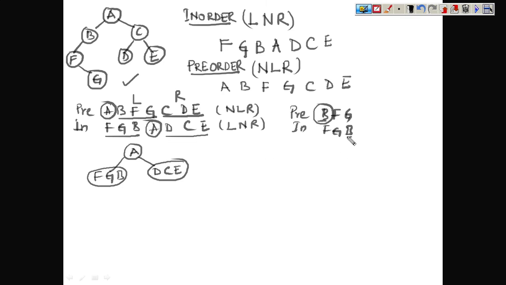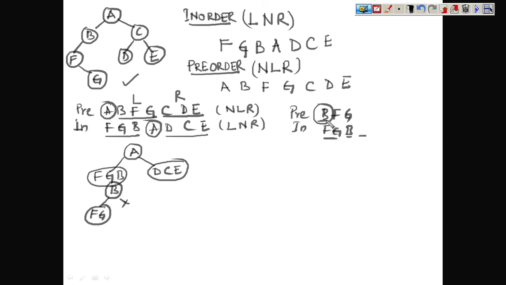So it is occurring here. That means this is your left part and there is no right child. So you can make this B, and for this B we have F and G as a left child and there is no right child.